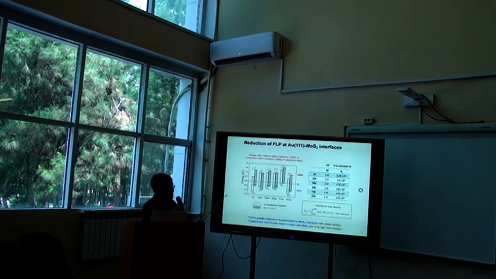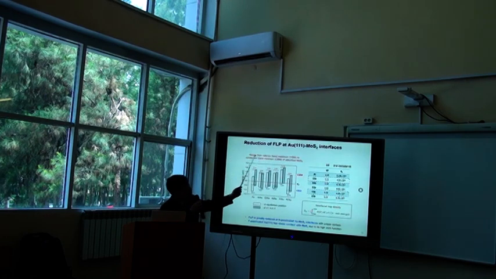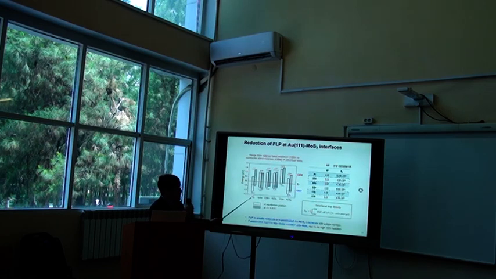To understand more clearly, I draw a range from valence band maximum to conduction band minimum for these cases. Now this is the clean case, and look at that. The white bar represents the range at the equilibrium position, and the gray bar represents the 6 angstrom separation.